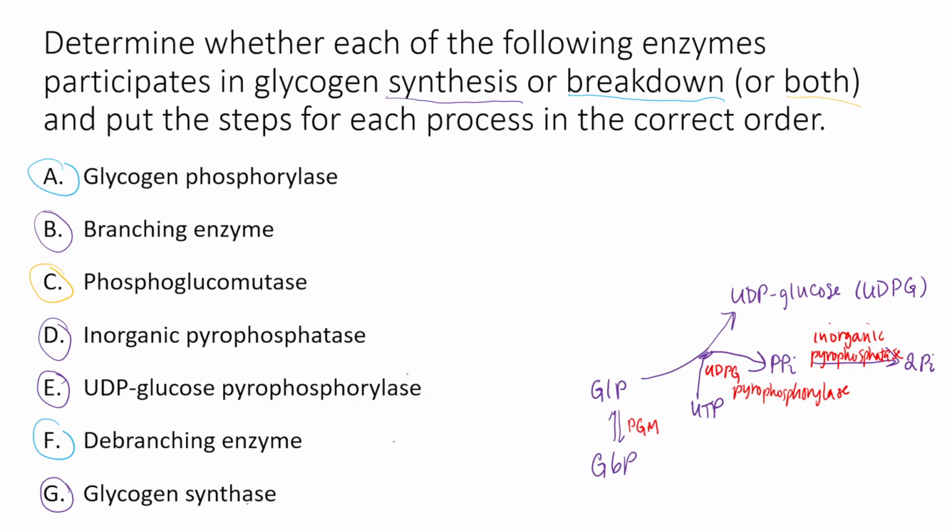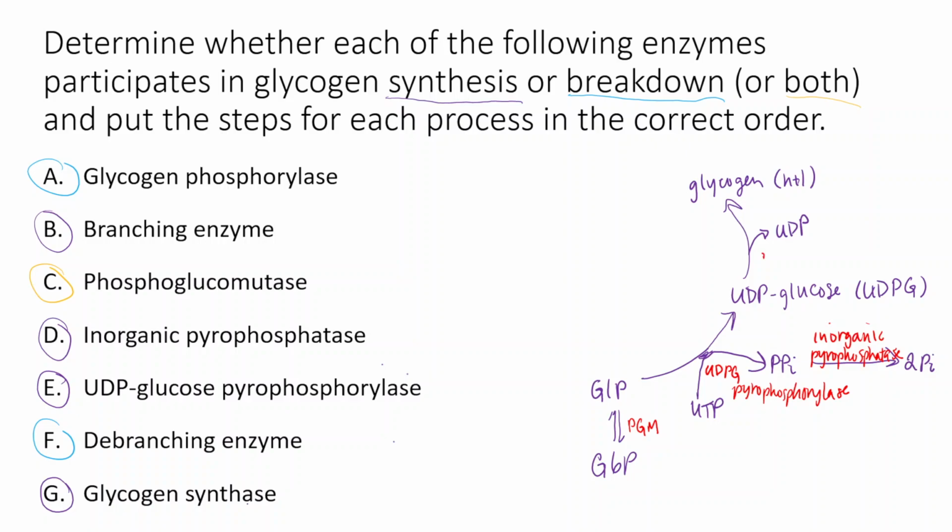With these two enzymes, now we have this activated glucose, this UDP glucose. What happens to the UDP glucose? What happened to the UDPG? Yes, so it's kind of weird how to write it, but we're adding on to glycogen, and we lose the UDP, and you told me which enzyme, right?